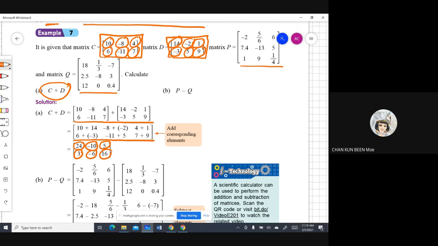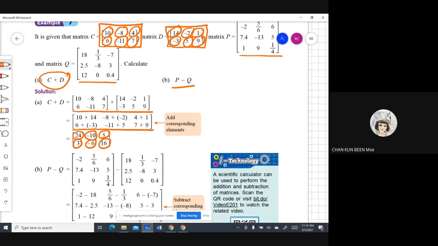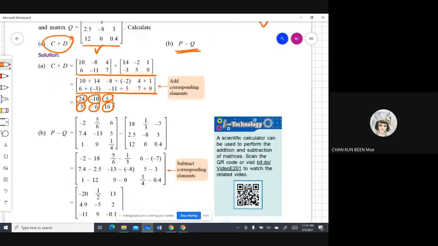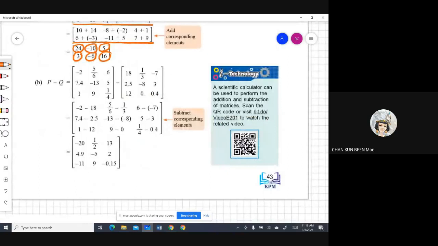When it comes to P minus Q, you just use matrix P minus matrix Q. It's already given down here, so you refer to this. Negative 2 minus 18. For this part you just have to show the working, and we go through the answer straight away.